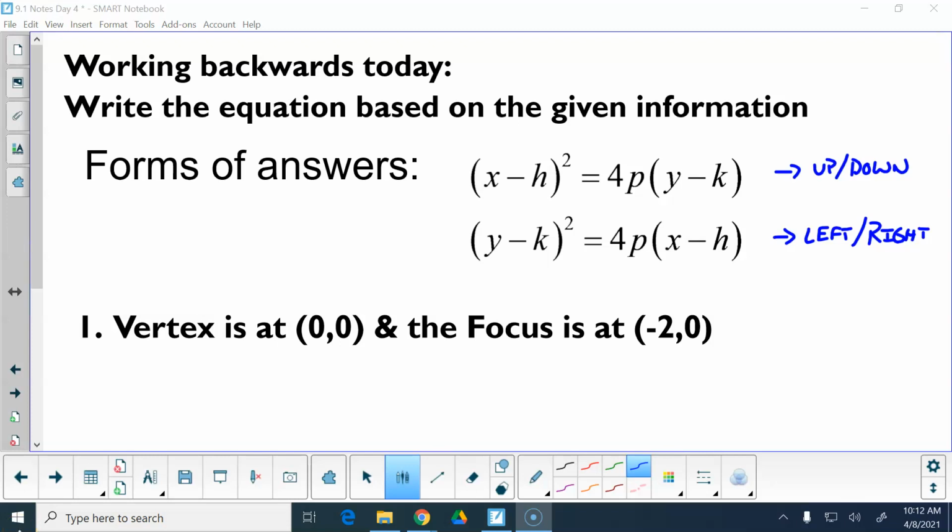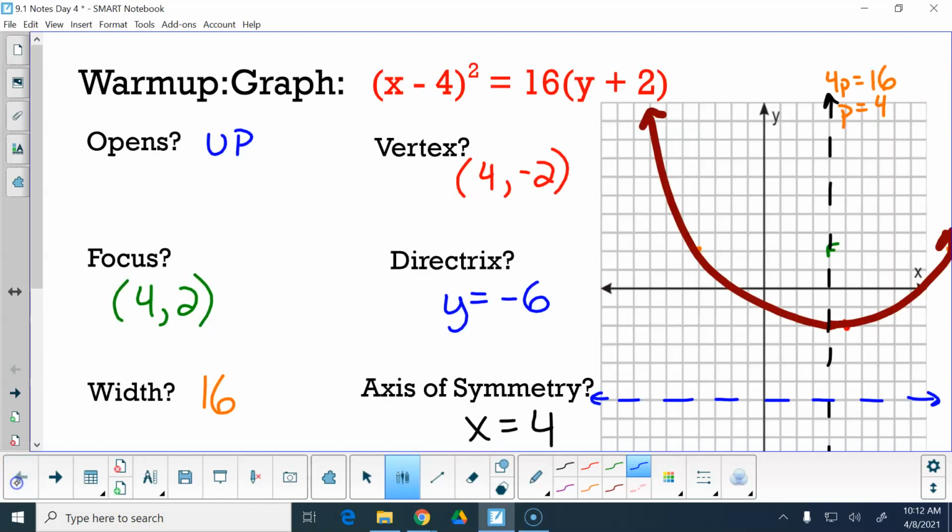You're going to be given two things: either the vertex and the focus, the vertex and the directrix, the focus and the directrix, the vertex and the width. Any of these 5 other things, with the exception of it opening up, you're going to be given 2 of those.